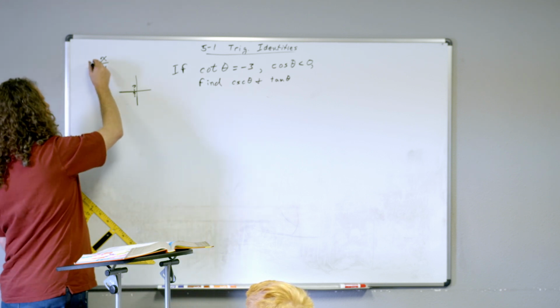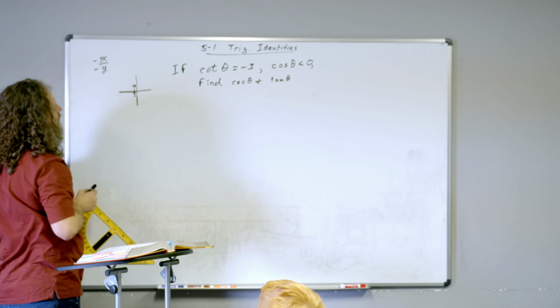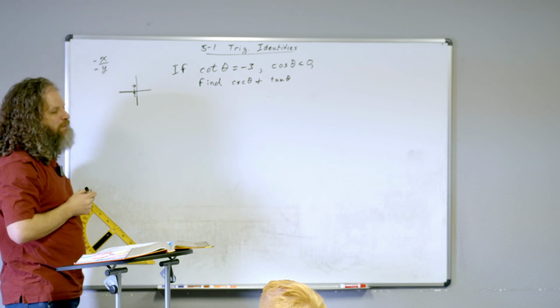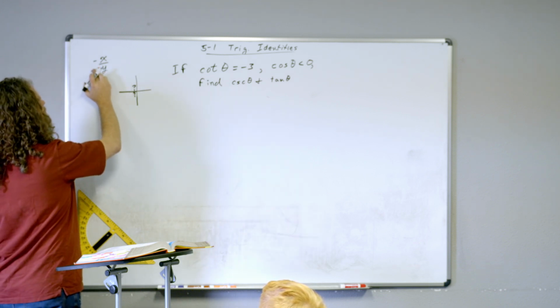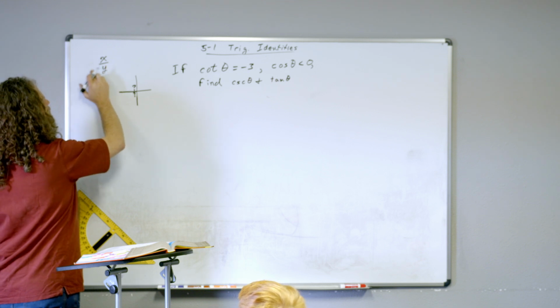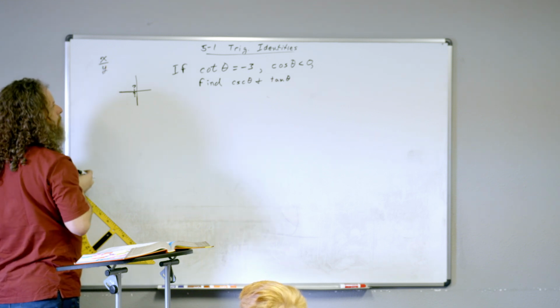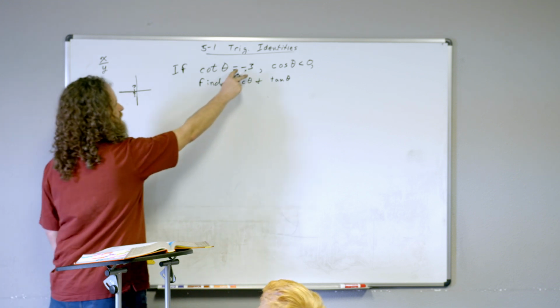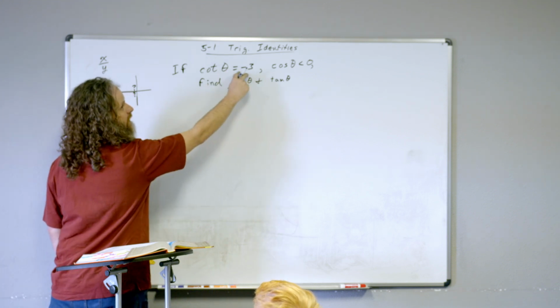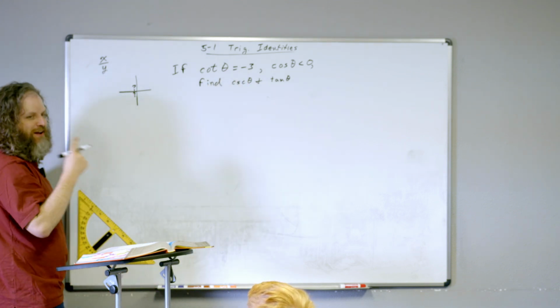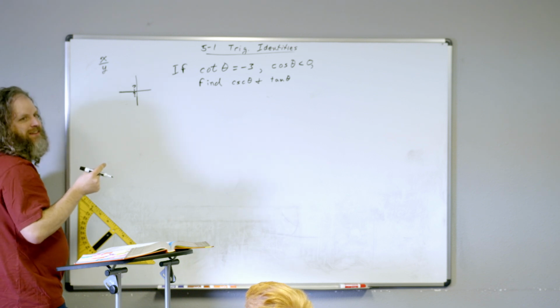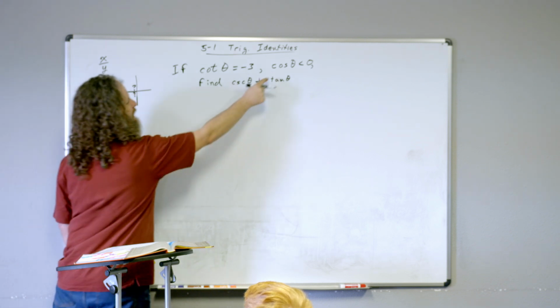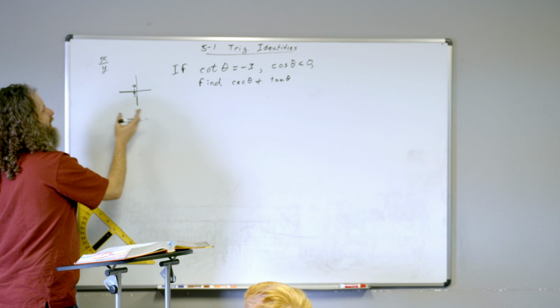If this was negative and this was negative, it'd be positive. But our answer is negative. Cotangent of theta is negative, so only one of them is negative, not both. This one is, which means x is negative.